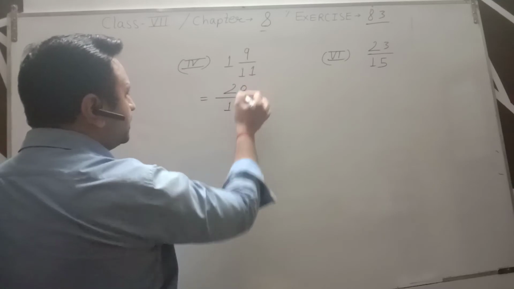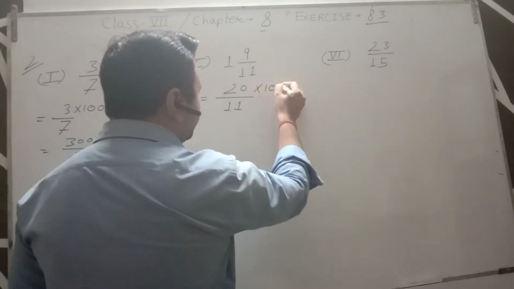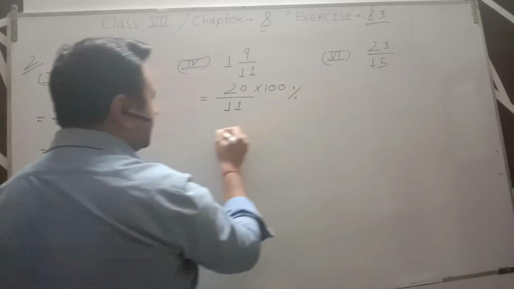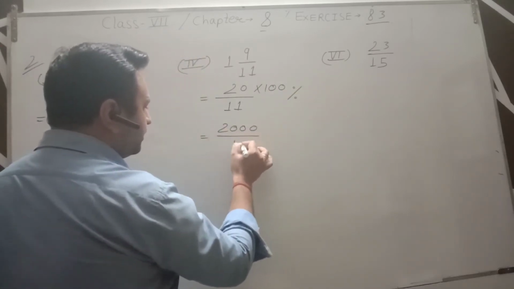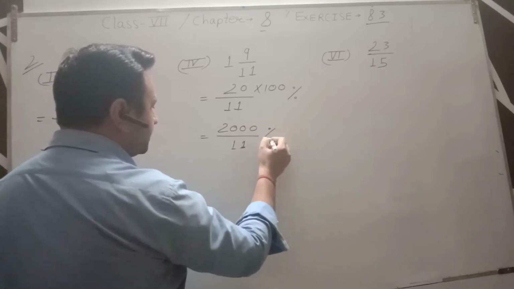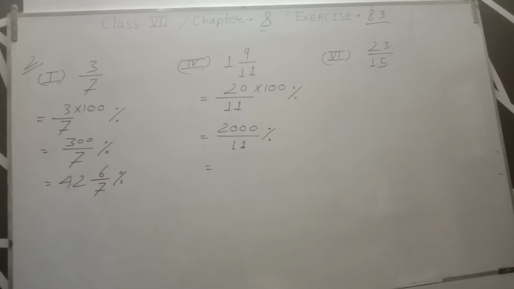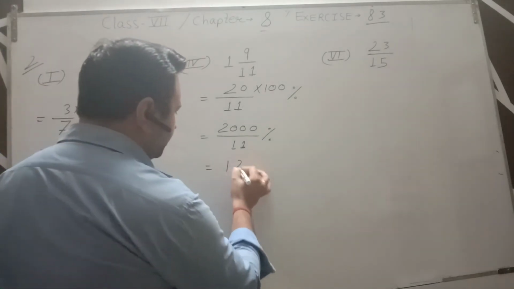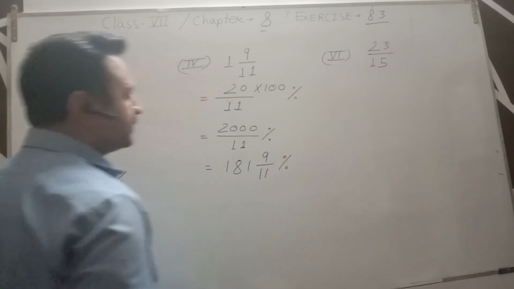It means 20. Now to convert to percentage multiply by 100 and the sign of percentage. So 2000 upon 11 percent. After simplifying, the value we obtained is 181 9 upon 11 percent.